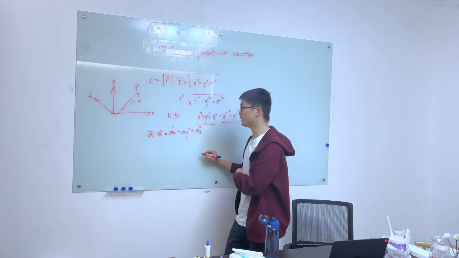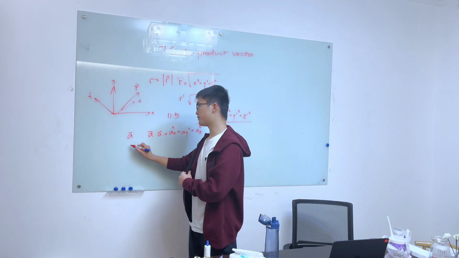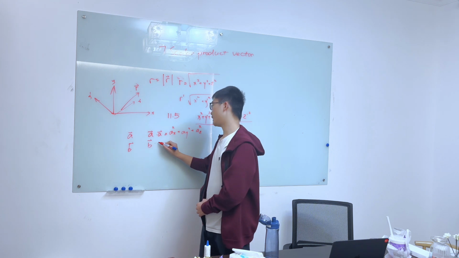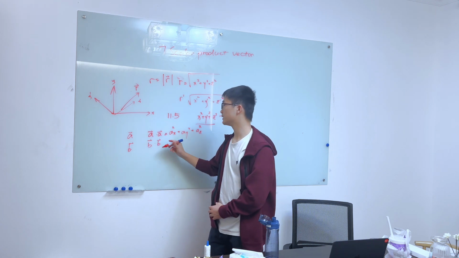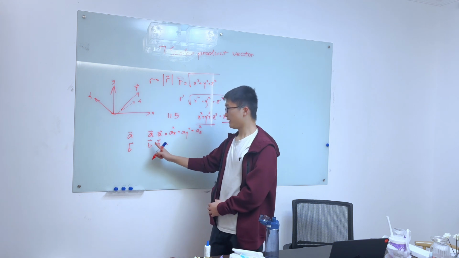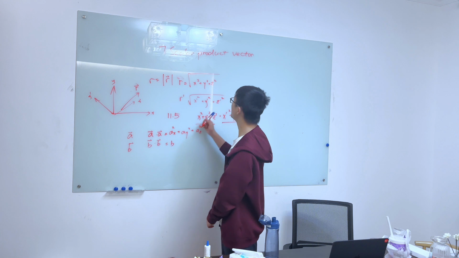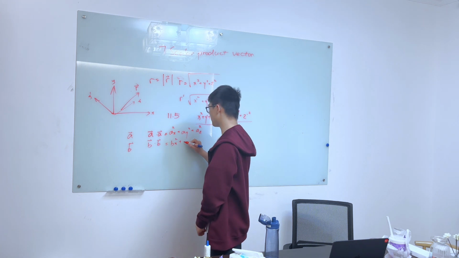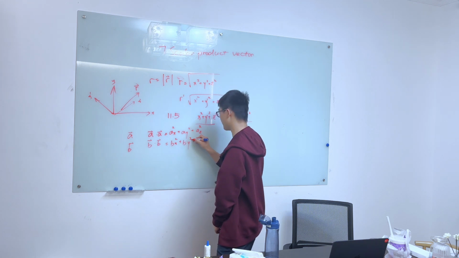It is also the same that in the coordinate system there is another vector called b. So b times b will represent the scalar product of vector b. The scalar product of this vector b will be bx squared plus by squared plus bz squared.